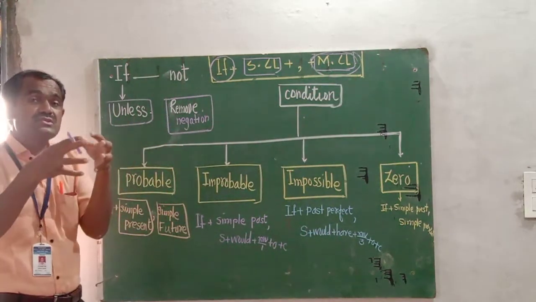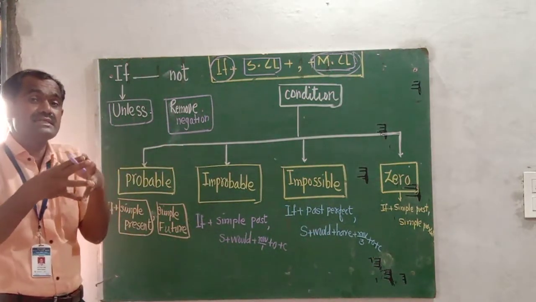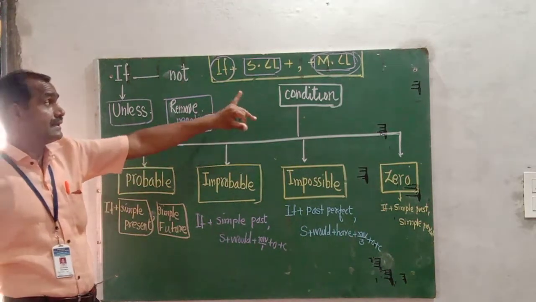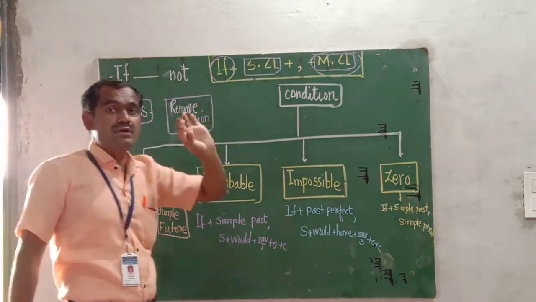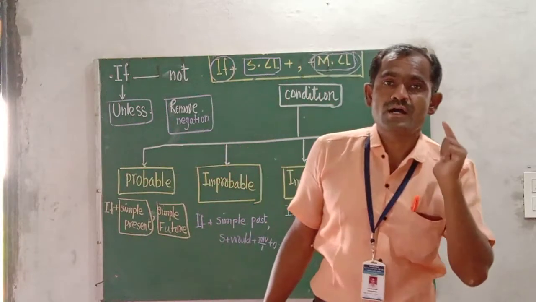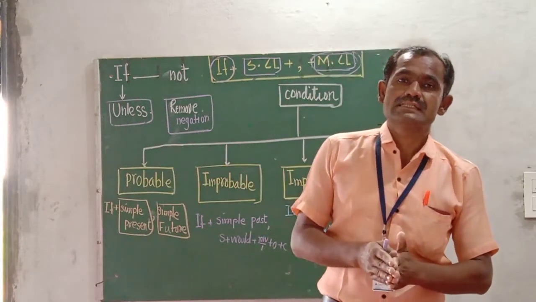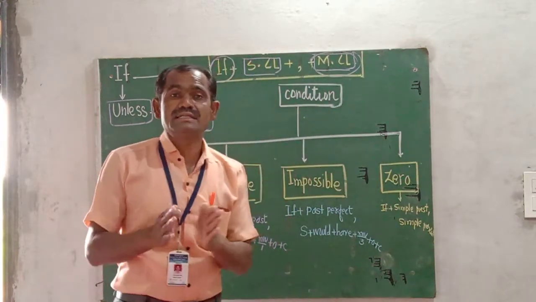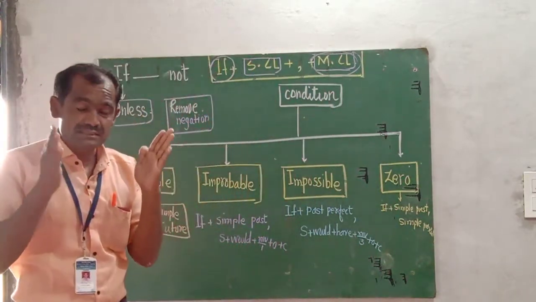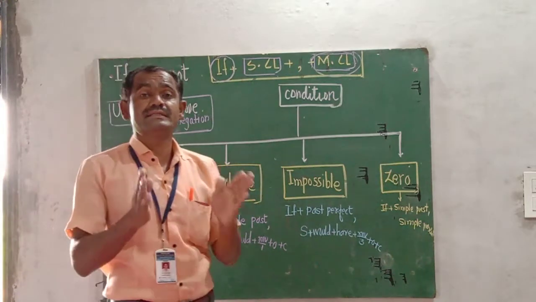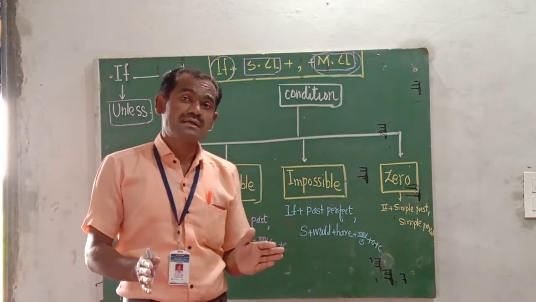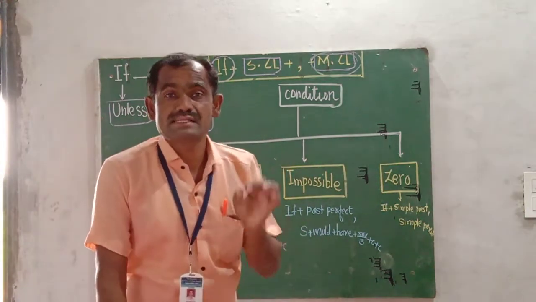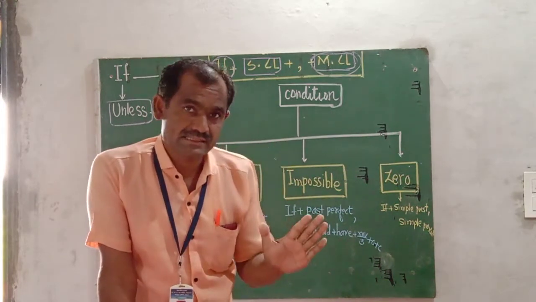Now, how do these two clauses combine with each other? Whenever we use if or unless in the sentence, the conjunction is called a subordinating conjunction of condition, and the sentence is called a conditional sentence.